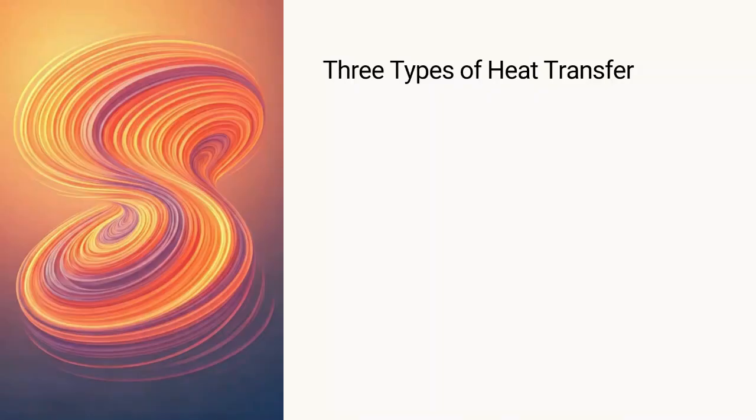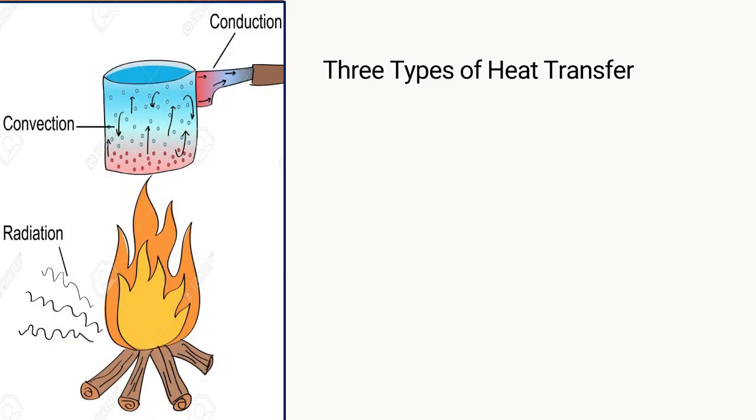Let us proceed then. Well, now let us first see the application of heat, and how heat is transferred. There are basically 3 ways heat is transferred. If you see this image, it will be very clear. In this case, you can see that a few pieces of wood are burning and fire is generated.